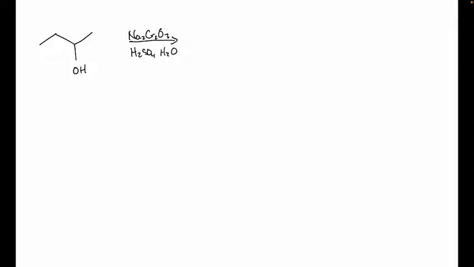And so what is this going to do? This is going to oxidize my alcohol and convert it to a ketone. And then I can go ahead and take this ketone and now hit it with this Grignard reagent. And so everybody take a second and draw me my product here.